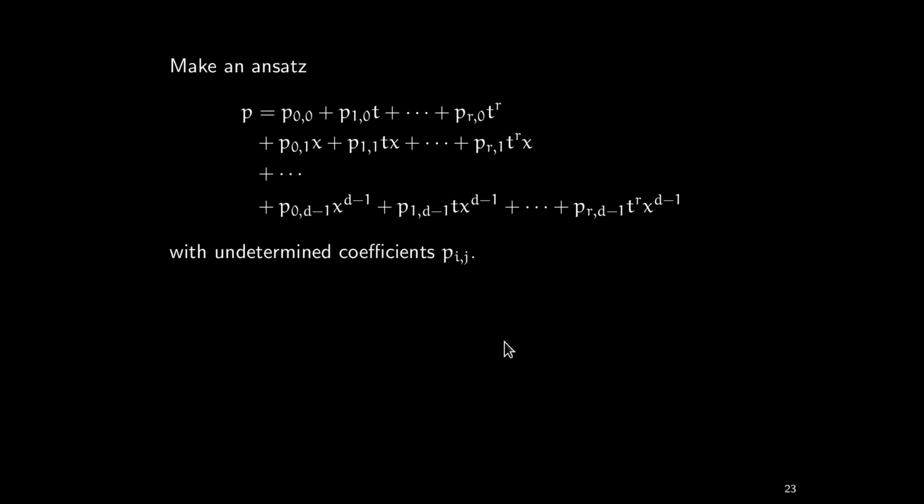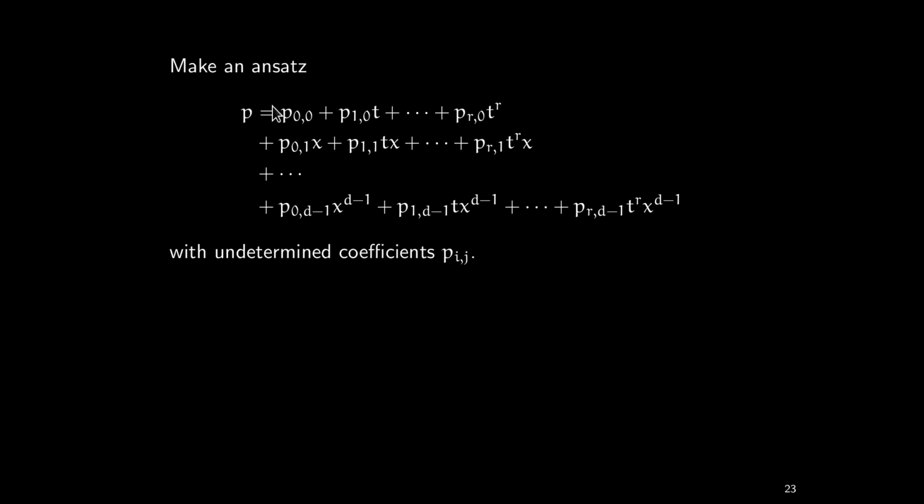You can do this with linear algebra. So a p will be a polynomial. The p is a polynomial in t and x with coefficients that we don't know and want to determine. And as I said before, the degree in x is chosen at most one less than the degree of m.